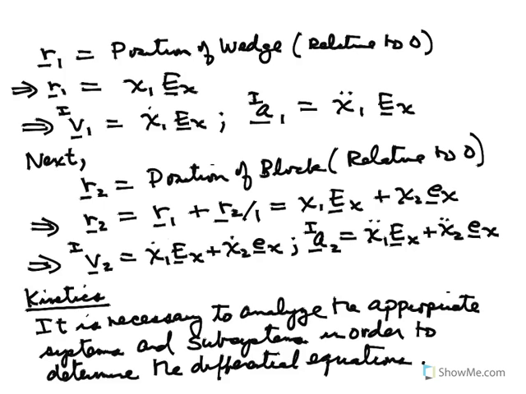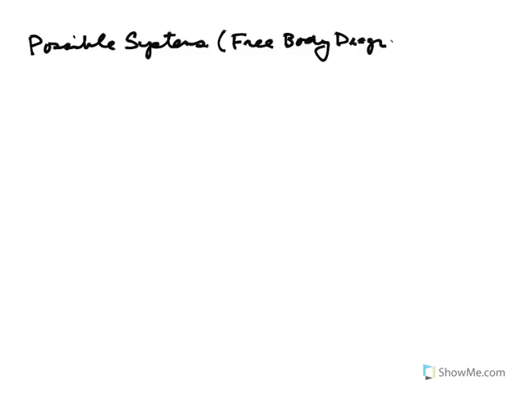Now, here are the possible systems. And what I'm going to draw here are the free body diagrams. So the first possible system is the wedge.